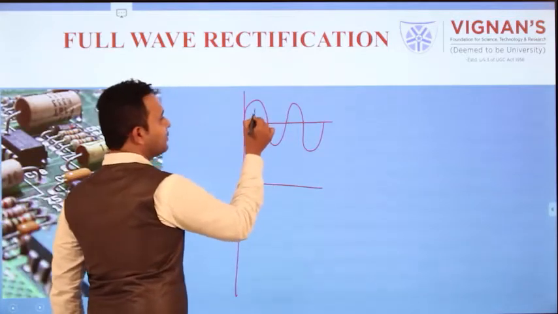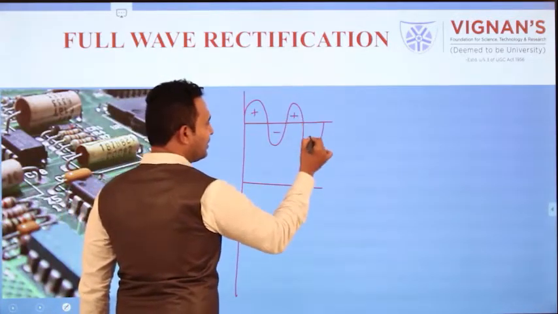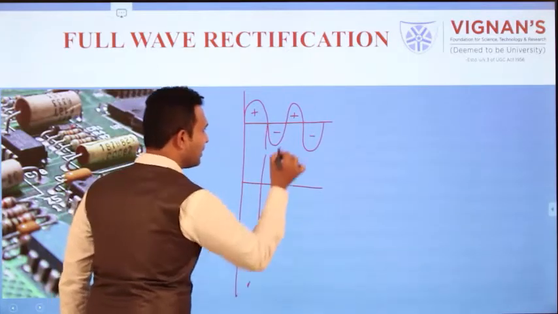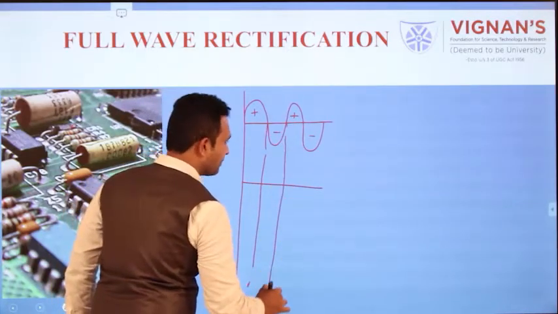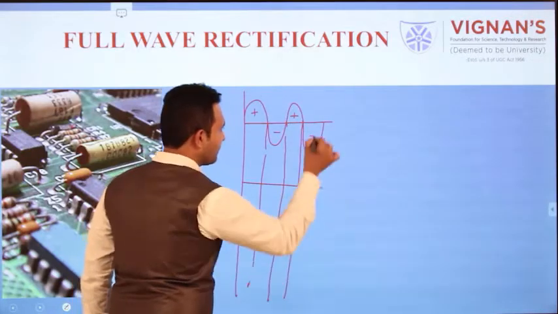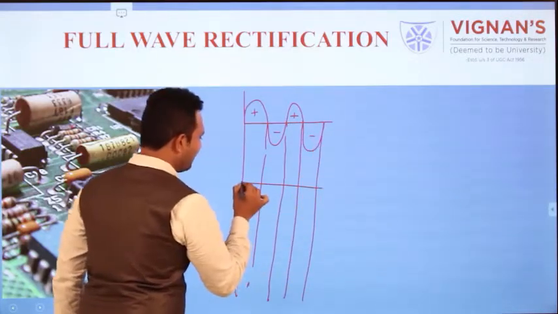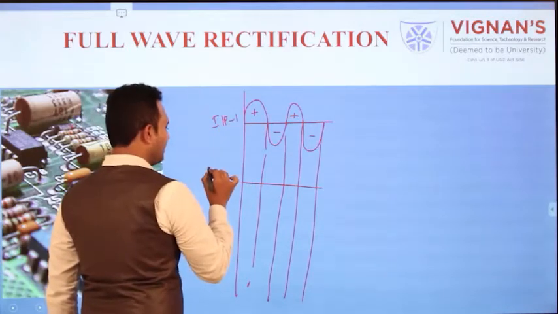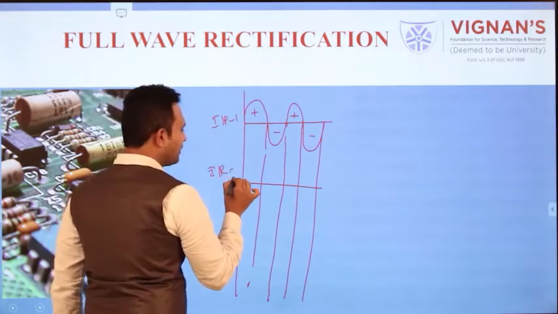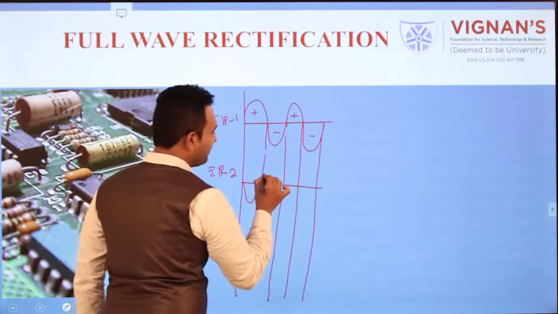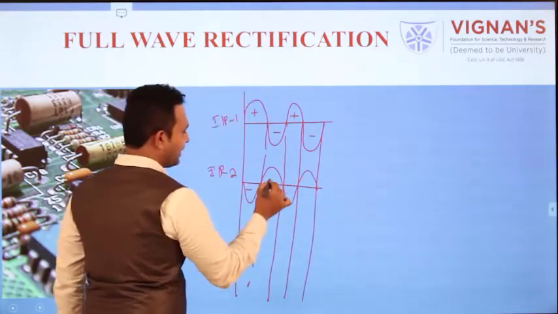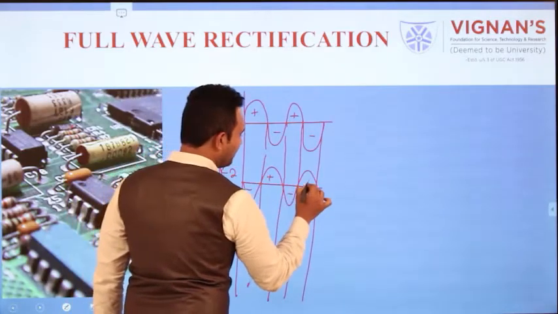The first input is positive, negative, positive, and negative. The second input we are getting in the reverse order: negative, positive, negative, positive.